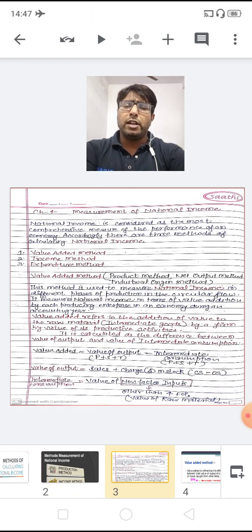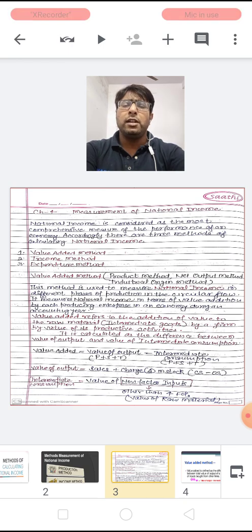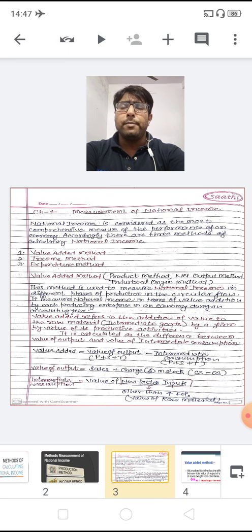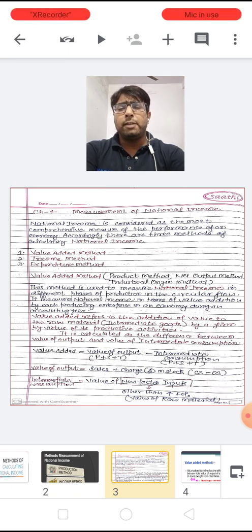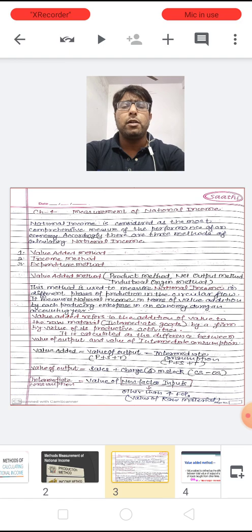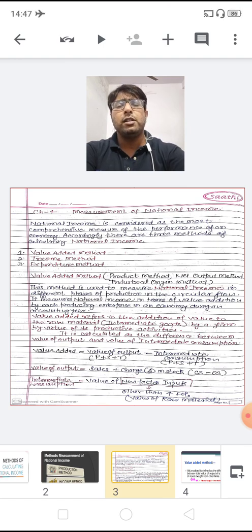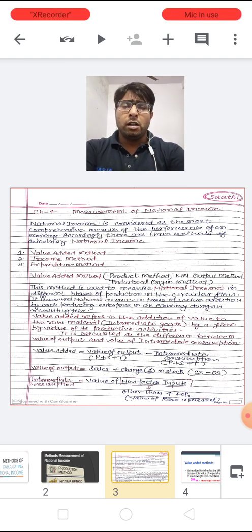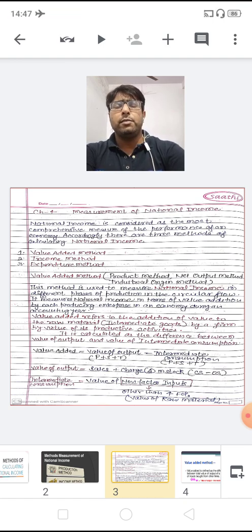When we talk about the circular flow, a household is considered the owner of the factors of production, and the household gives its factor services to the firm, and the firm pays the household the factor payment in the form of goods and services, and also in the form of money, which we call the money flow.